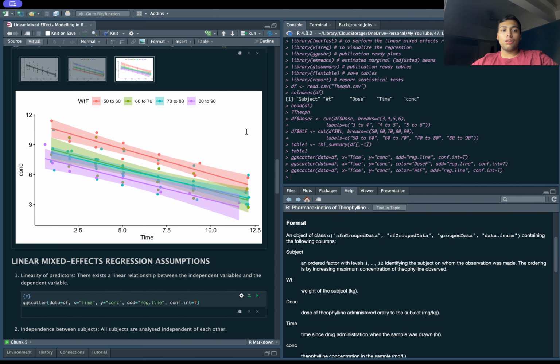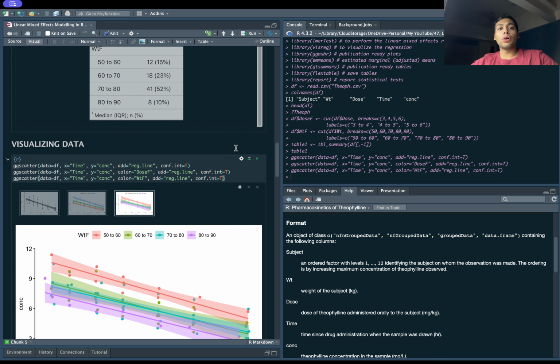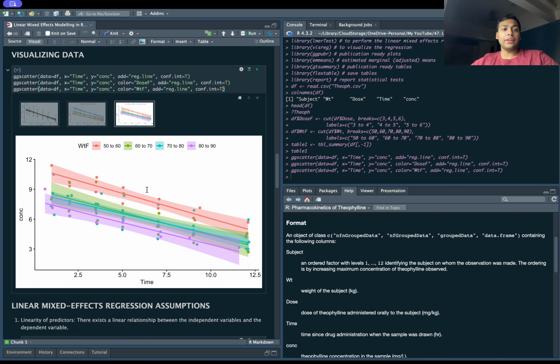Now, I have already discussed what we want to see. We want to see the effect of time on concentration, right? How does the concentration of theophylline change over time? But we also want to see the effect of dose given and the body weight of the participants on the concentration, right?